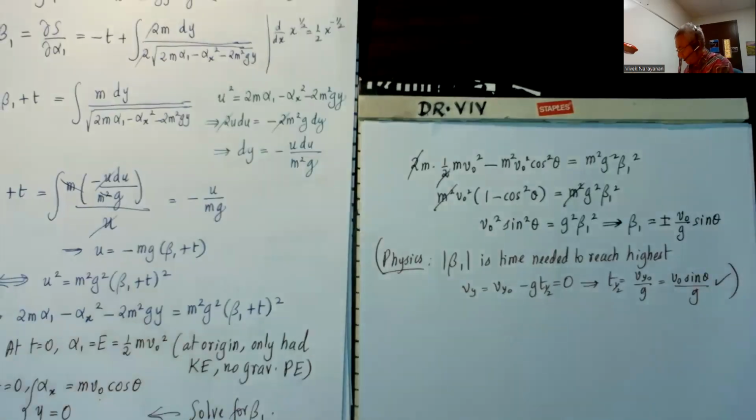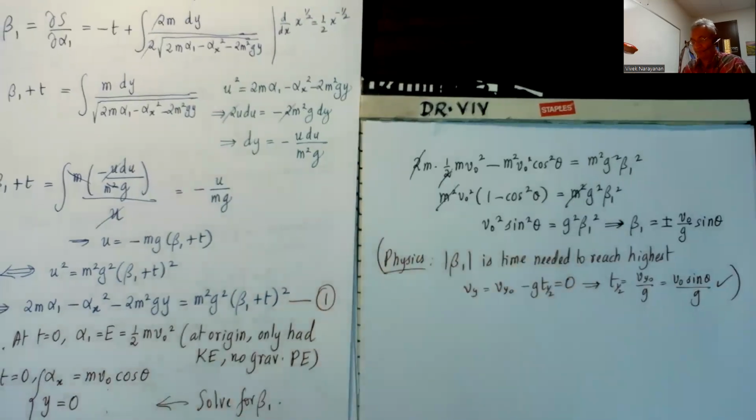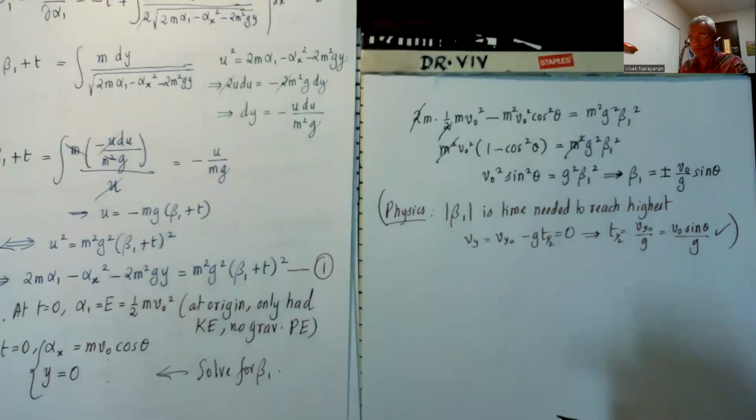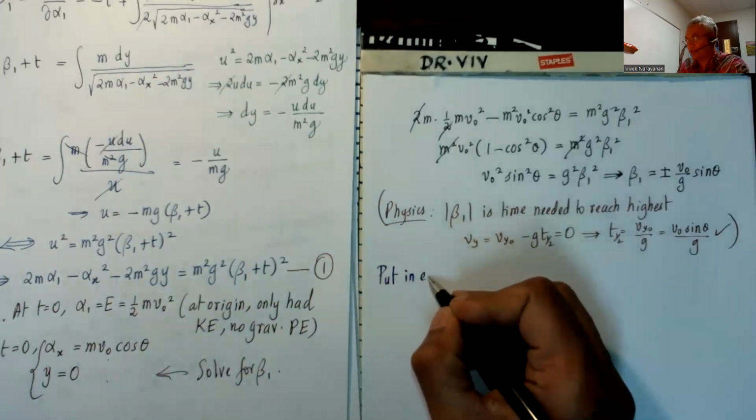So I meant to call this complicated looking equation, equation 1. Let's go back and substitute it all in there. Put in equation 1.